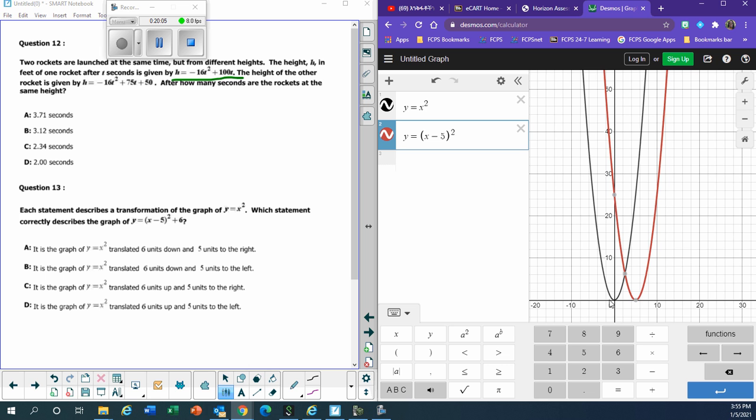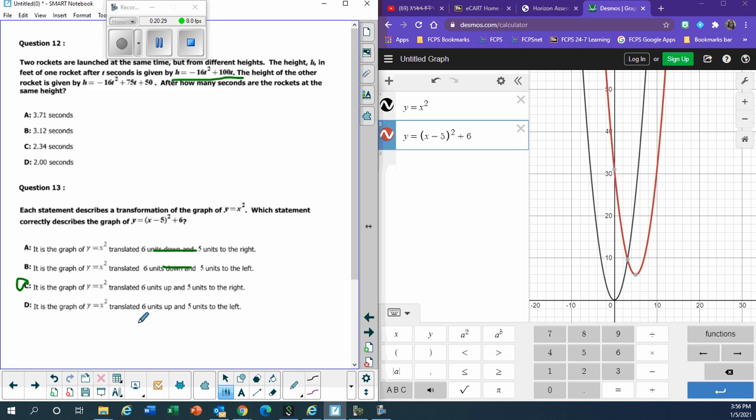It moved 5 points to the right. And then you added 6 without putting it in the parentheses. What happened? You took it up. So right and up. Down, no, did nothing. Up, how many units? 6 units up and 5 units to the right. Yep, that's what you're gonna pick.